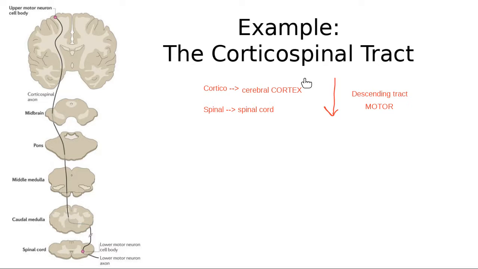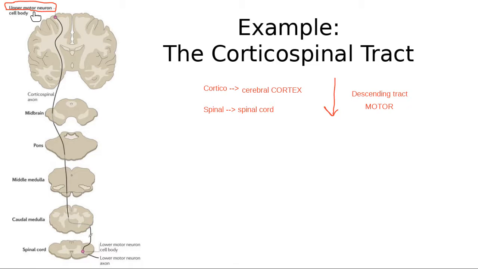When we talk about a motor tract, here's some terminology you should know. First term we should know is what we call an upper motor neuron. An upper motor neuron is the first neuron in this chain.